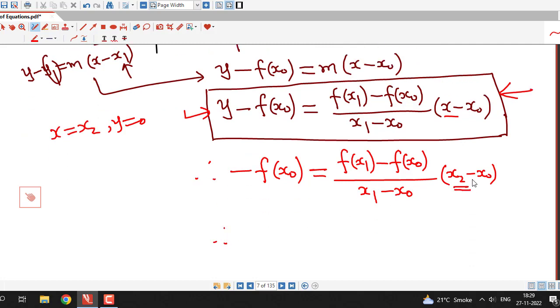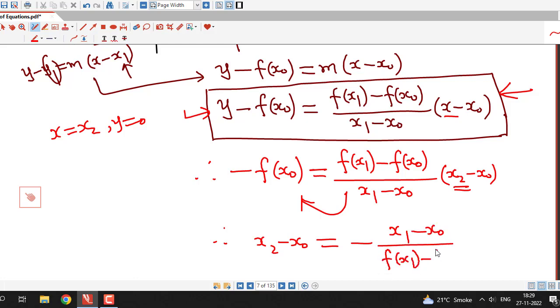and I am interested in the value of x2, so for that I transform this term to the other side, and I first write down the formula for x2 minus x0, so that will be minus x1 minus x0 divided by f of x1 minus f of x0. This is multiplied with f of x0.